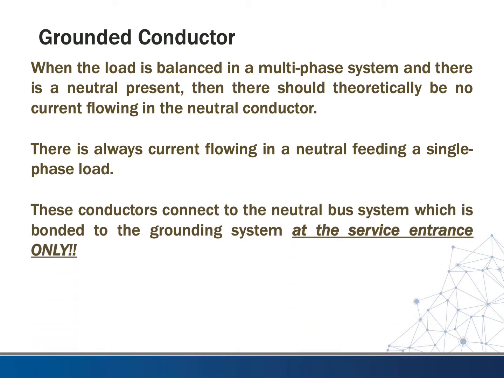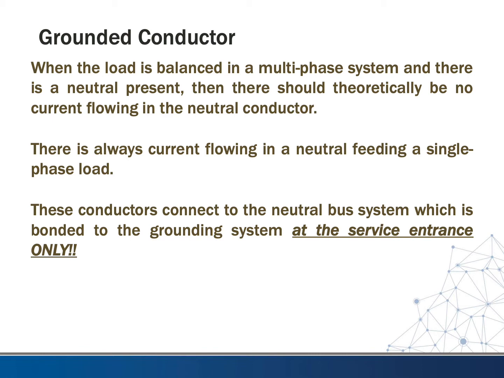So these conductors connect to the neutral bus system, which is bonded to the grounding system at the service entrance only. So in the main service, you'll have a ground bus and a neutral bus, and you will connect those two with a wire or some type of conductor.